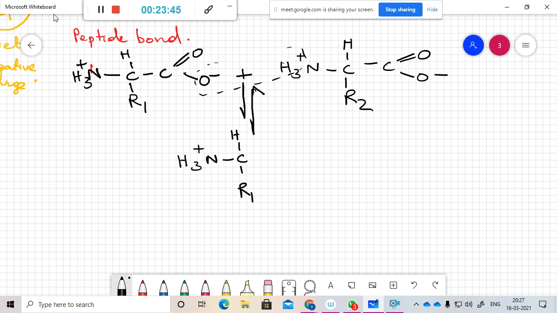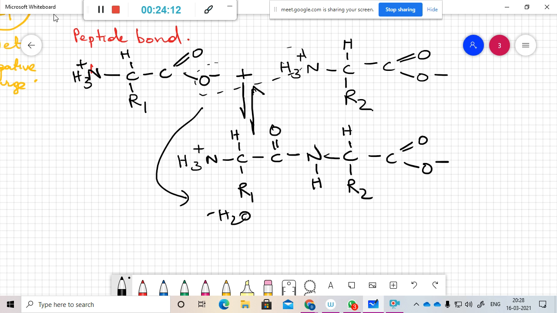R1, CO and here NH, and from here a water molecule gets out. This bond is known as CONH, the peptide bond.